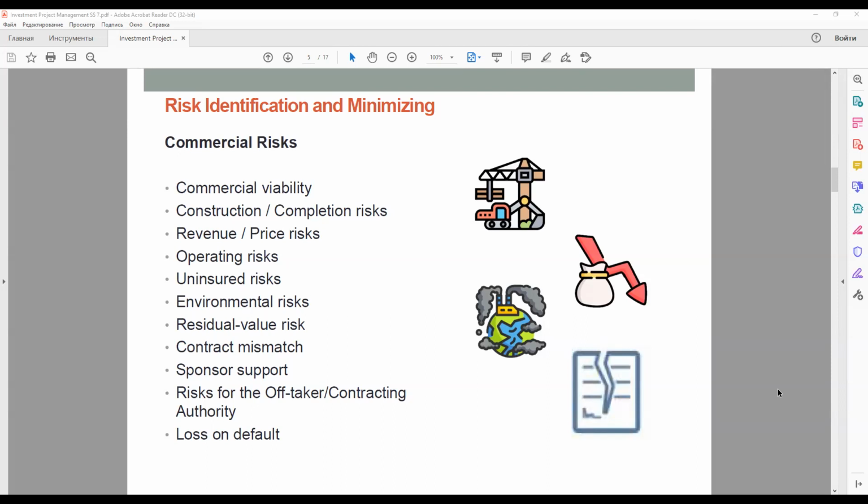Sponsor support: is there a need for more recourse to the sponsors? Risk for the off-taker or contracting authority: are these reasonably allocated? Loss on default: what level of loss can a lender expect if the project does in fact default?